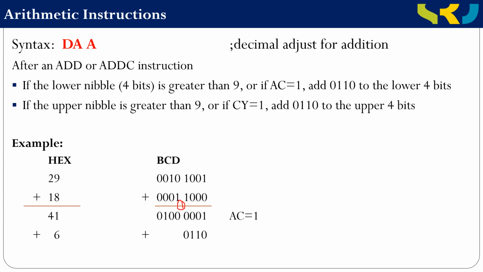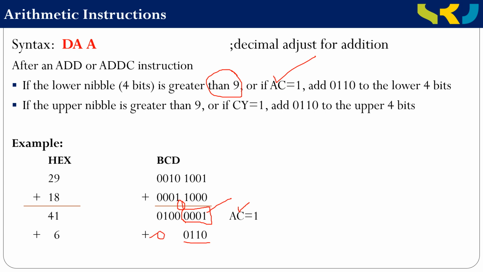That means the auxiliary carry flag is equal to 1. But the result available in the accumulator is not greater than 9, so that condition is not satisfied. But since the auxiliary carry flag is equal to 1, it will add 06 to the result.